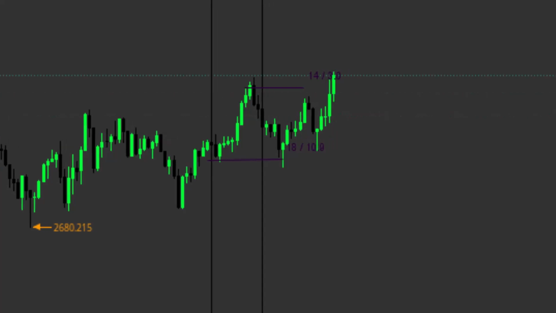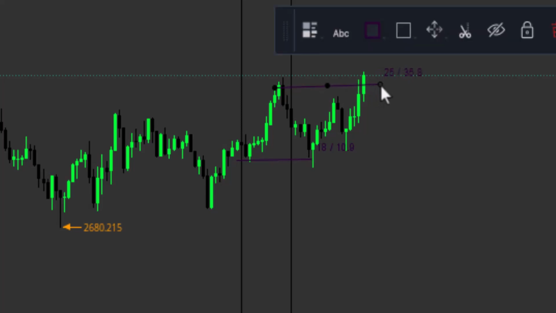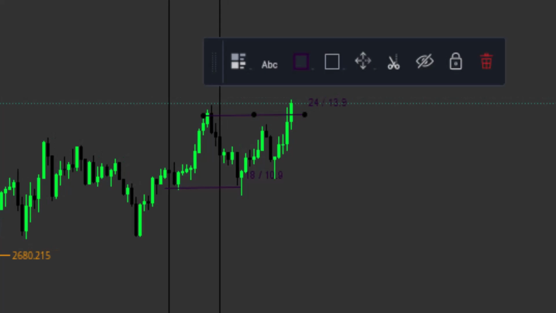But within a couple of minutes, you can see the price actually pushed all the way up to this level right here. Then we crossed it. When we crossed it, I realized that that level right there should have been my entry. So we had this simple, very small pullback, and I got into the trade at this level right here.